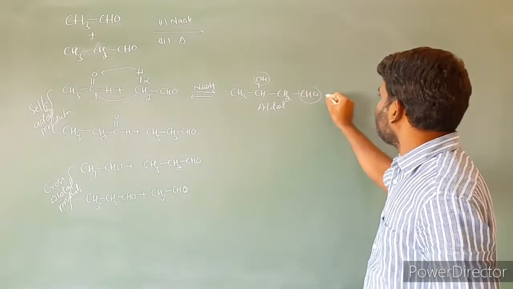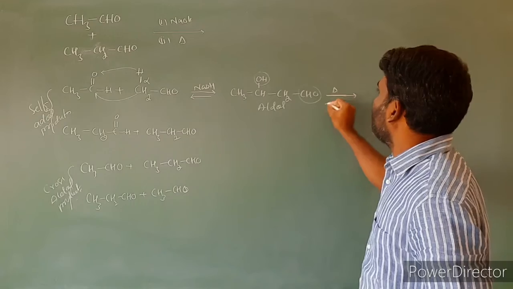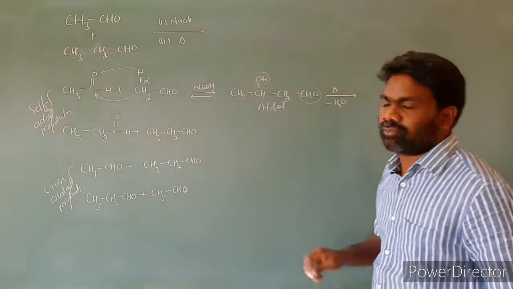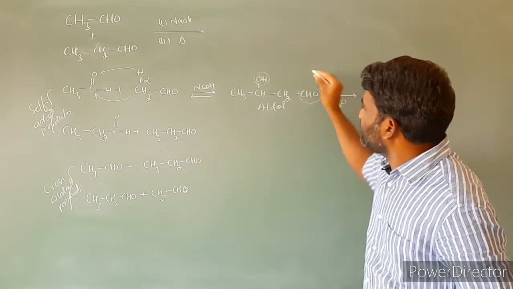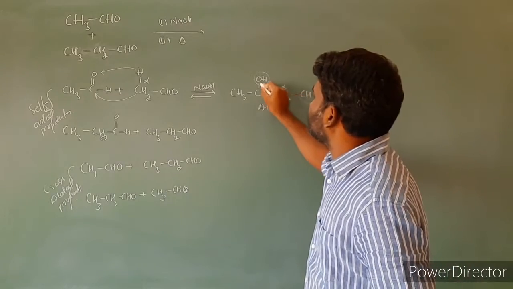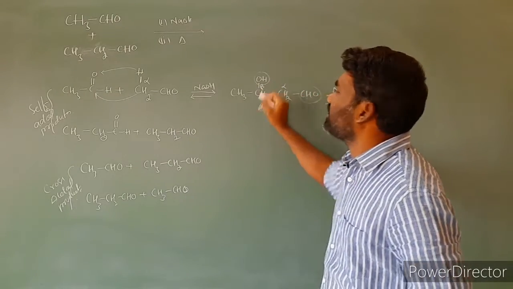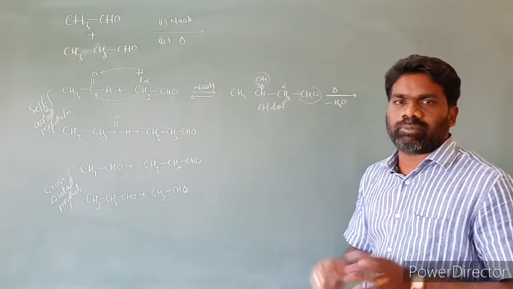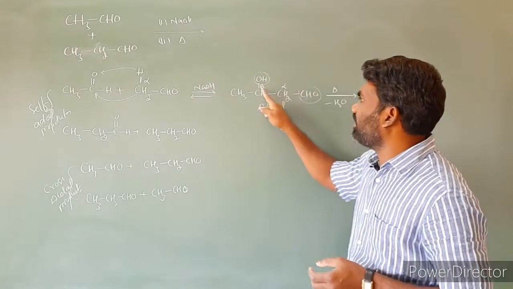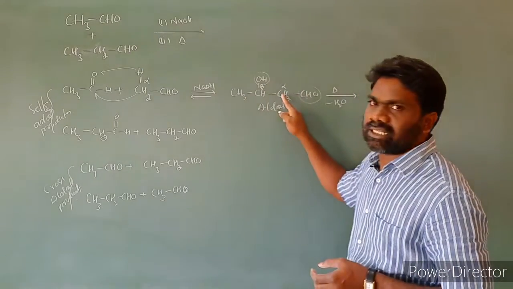If we heat this compound, water is eliminated. This is the alpha carbon, this is the beta carbon. Directly make a double bond between the alpha carbon and the beta carbon. This is the carbonyl carbon, next is alpha, next is beta.